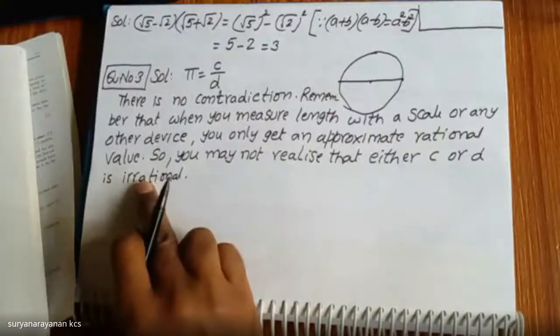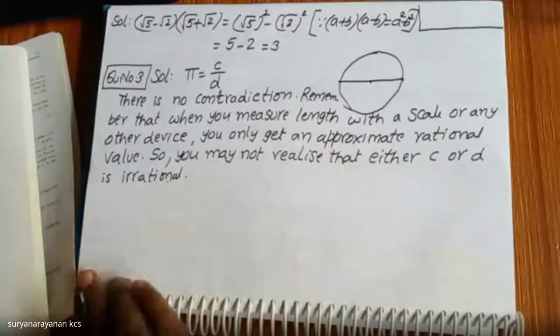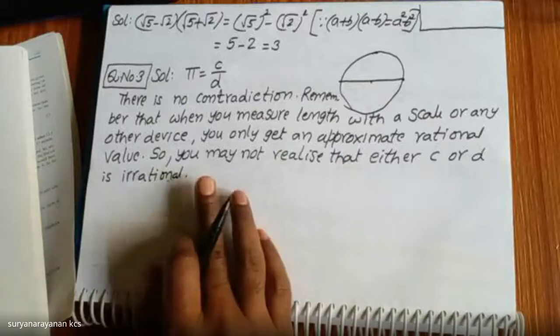Any one of these numbers is an irrational number.